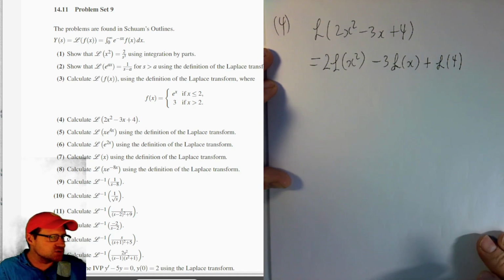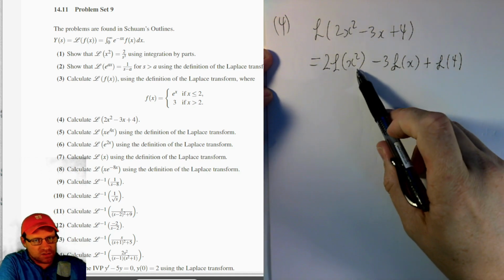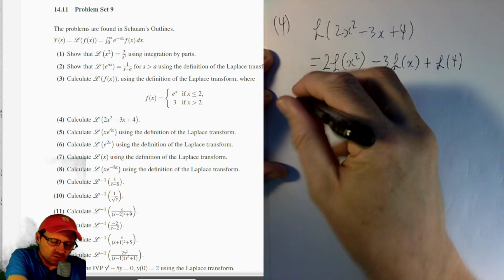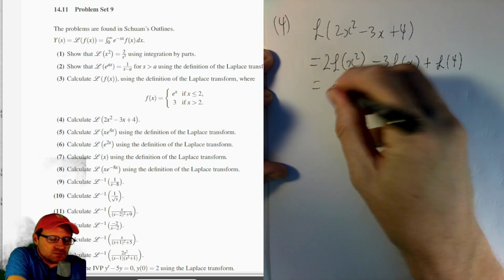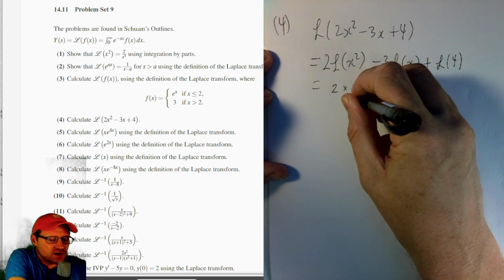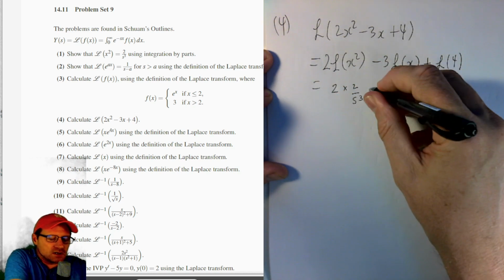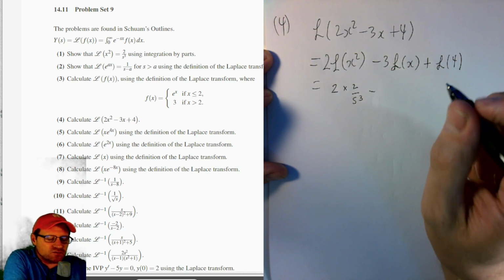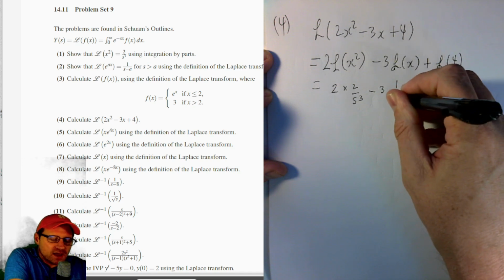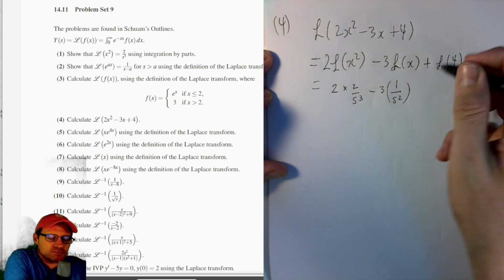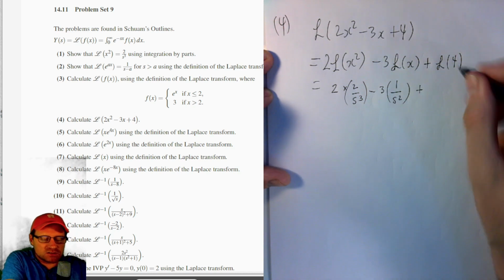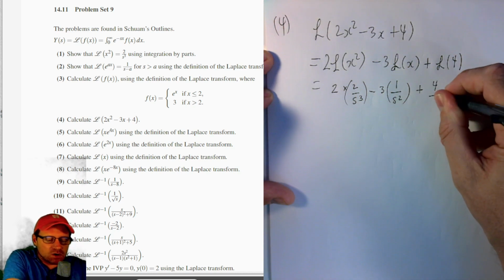And when I say let's use what we already have, we know the Laplace transform of x squared because we have already done that the hard way. So that's 2 times the Laplace transform of x squared, which is 2 over s cubed. And then the Laplace transform of x is 1 over s squared. And then the Laplace transform of the constant 4 is that constant 4 over s.